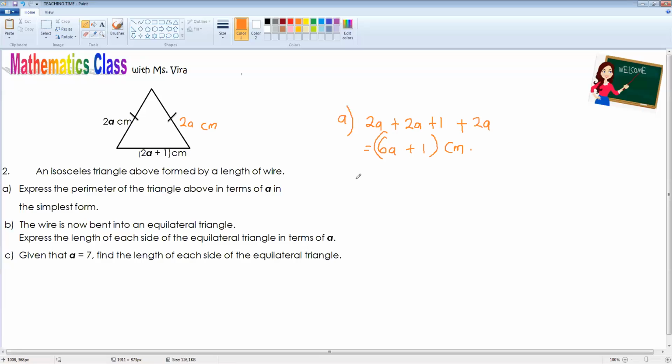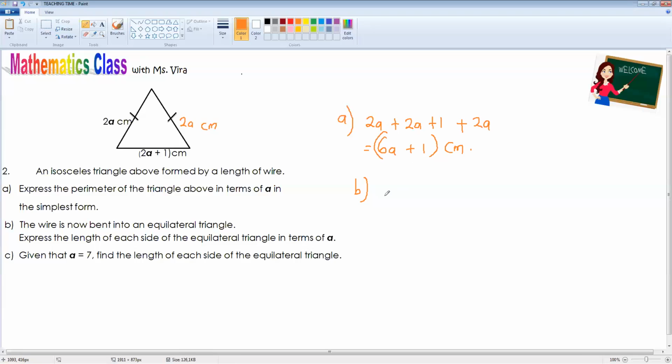Now, for question B, the wire is now bent into an equilateral triangle. Express the length of each side of the equilateral triangle. So here, it's bent into an equilateral triangle, so we have to divide it by 3.